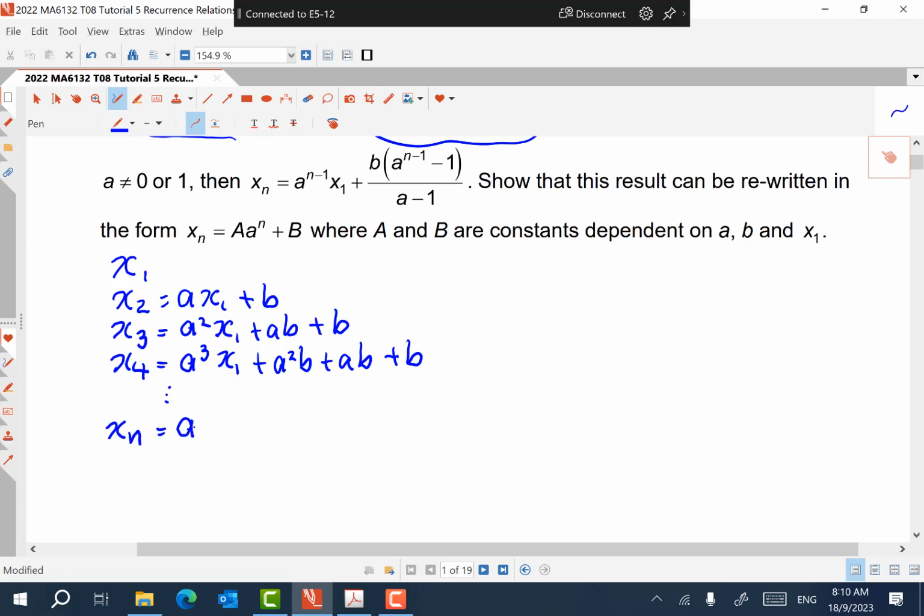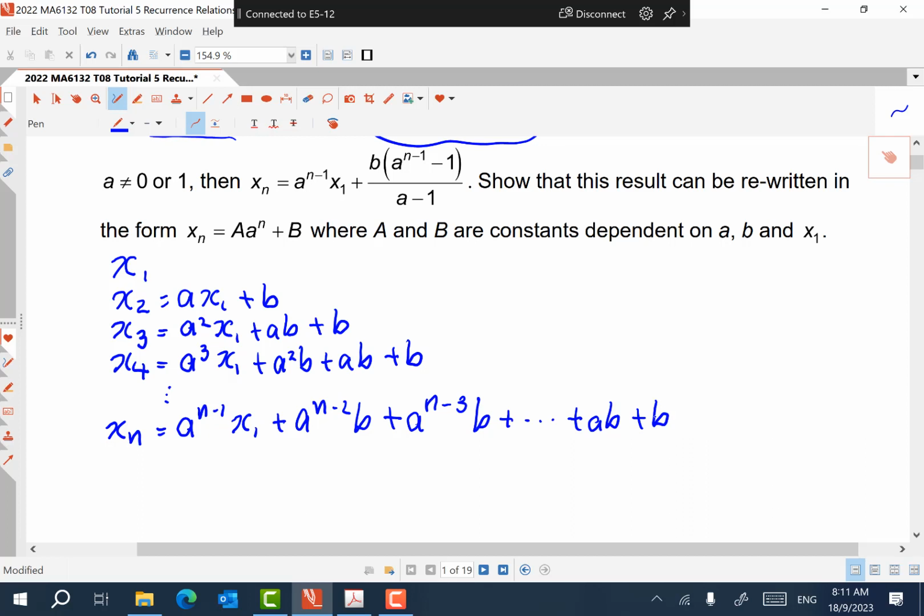xn is equal to a to the power of n minus 1 x1 plus a^(n-2) b. What is going on behind? Is there something you can tell teacher? So what I've just done is what we have been doing.